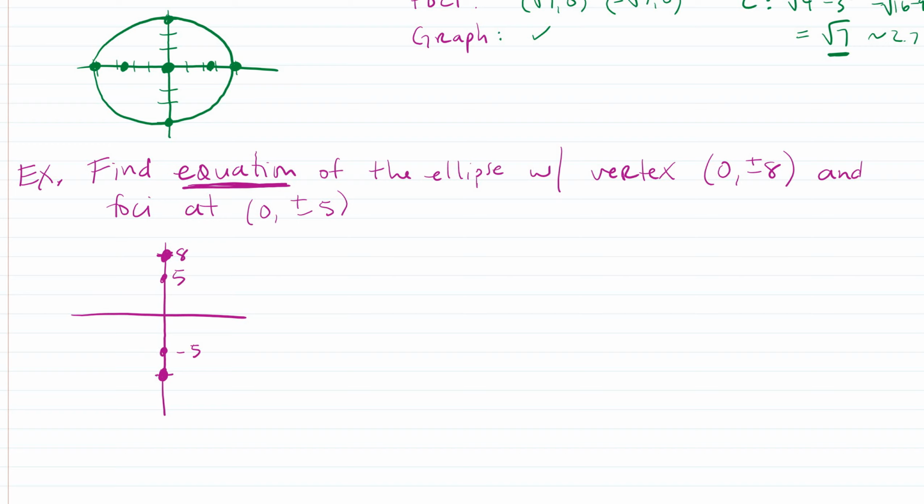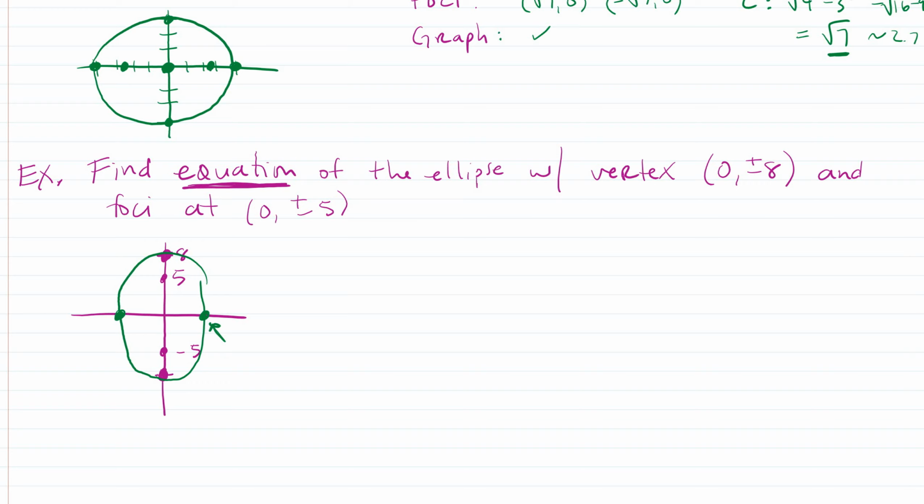So if this is where my vertex and my foci are, then that tells me that my ellipse is oriented vertically. So I can go ahead and draw in a rough guess of what that looks like. Right now I don't know what this point here is or this point here is.